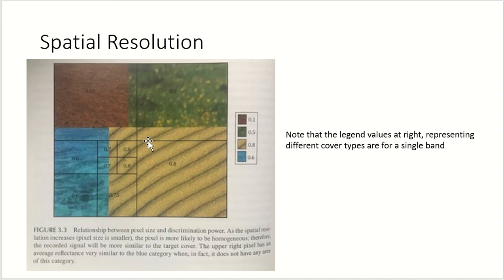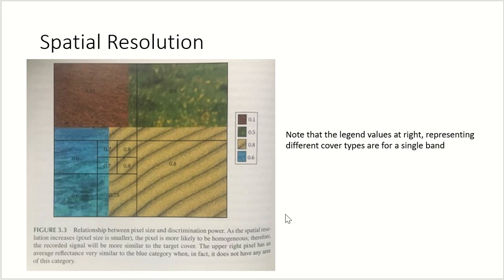So the big pixel size is taking up a quarter of this area, the cells that are taking up about a 16th, 4 times 4, or a quarter times a quarter, and then those that are taking up about a 64th.